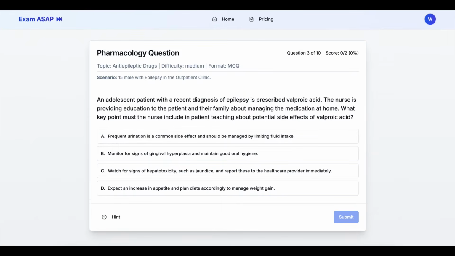An adolescent patient with a recent diagnosis of epilepsy is prescribed valproic acid. The nurse is providing education to the patient and their family about managing the medication at home. What key point must the nurse include in patient teaching about potential side effects of valproic acid?